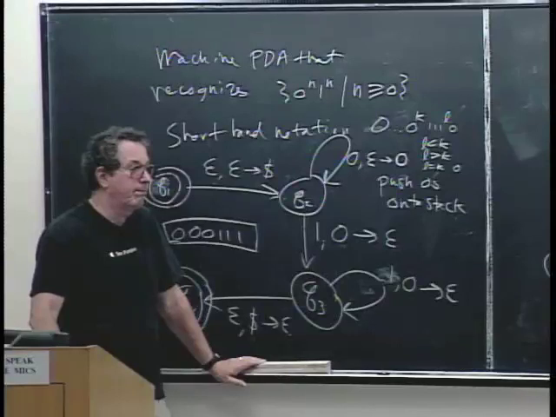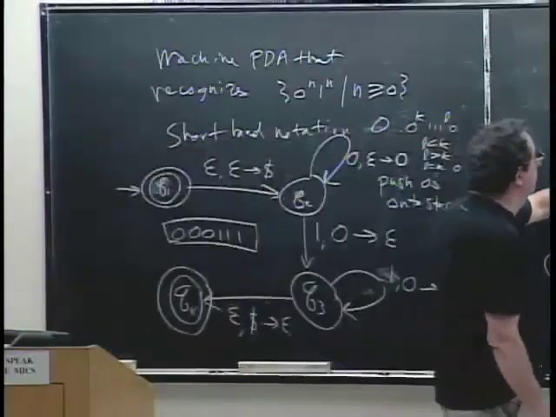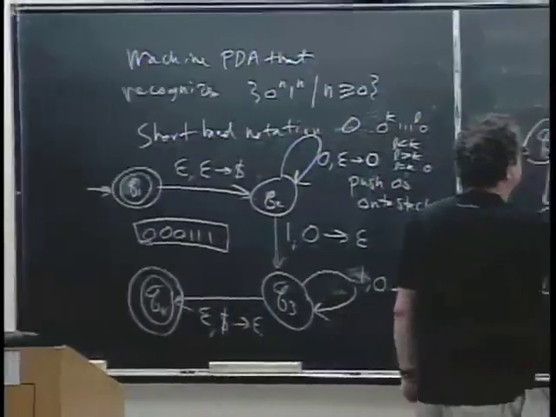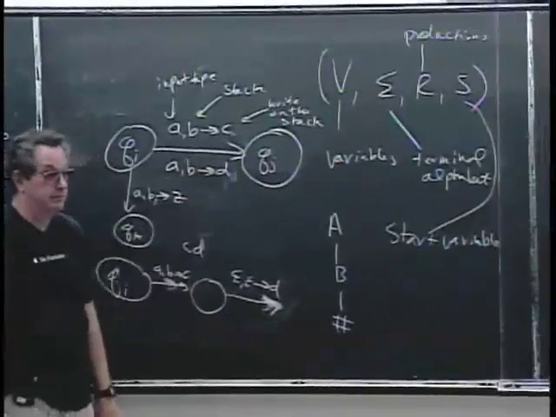Oh, okay, so you're saying we could have a rule which is A, B goes to C, or we could have A, B goes to D. That's certainly permitted.